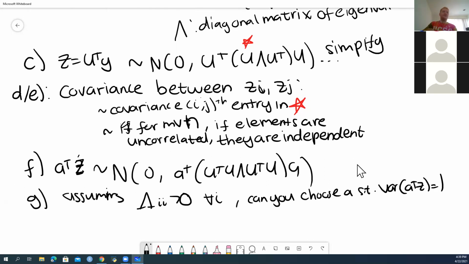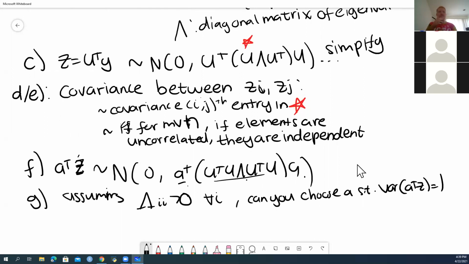Okay, so this was a little bit tricky. Obviously this one ends up being a constant because of the way it works out. This is a matrix, and if you do A transpose, a matrix, A, that's a constant. It's like the sum of the elements. So the variance of A transpose Z is like a sum, so you just have to set it equal to 1.